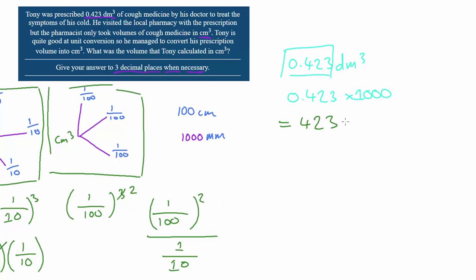So that would be 423 cm³. So effectively, that is our answer, right? So Tony, what he needs to give to this strange pharmacist who doesn't accept prescriptions in dm³, we need to give him that value, so 423 cm³. Okay.